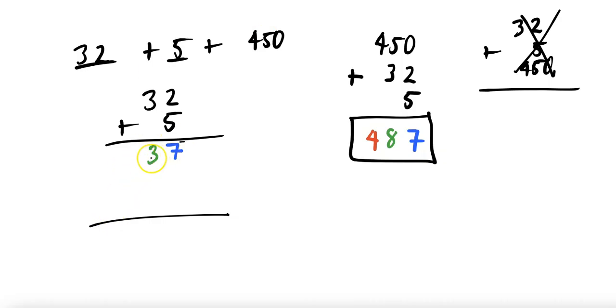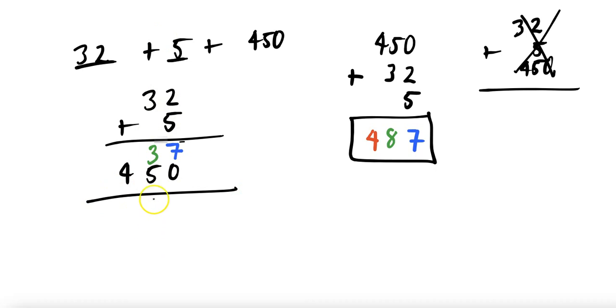Again, super important that you line them up. 450. They're lined up by place value. See how my numbers are essentially starting exactly in the same location right here. 7 with a 0, 3 with a 5, and so on. That automatically lines up my place value.